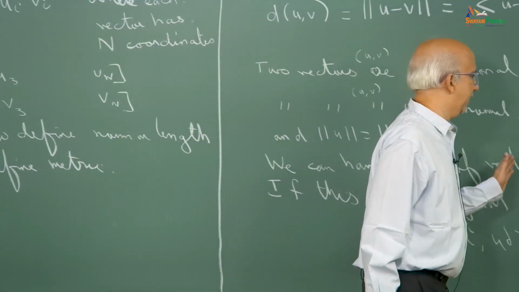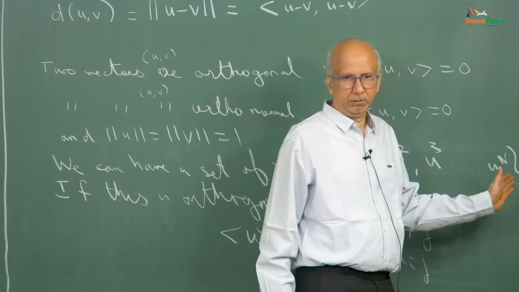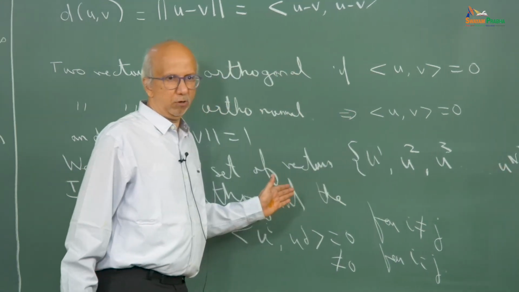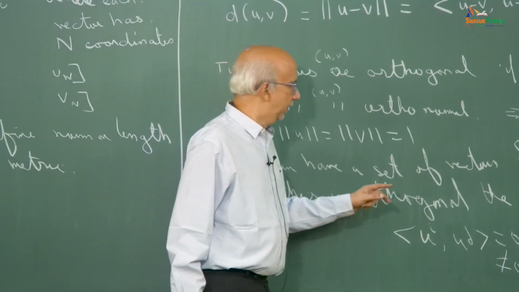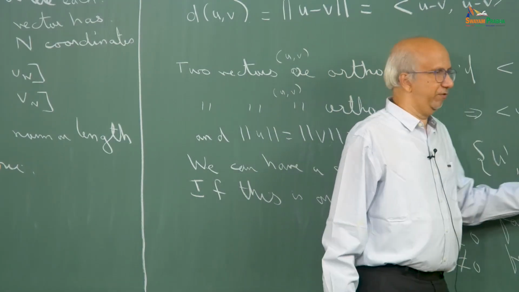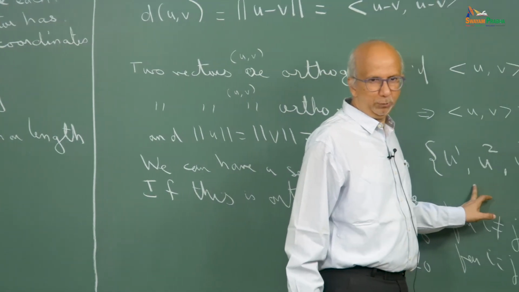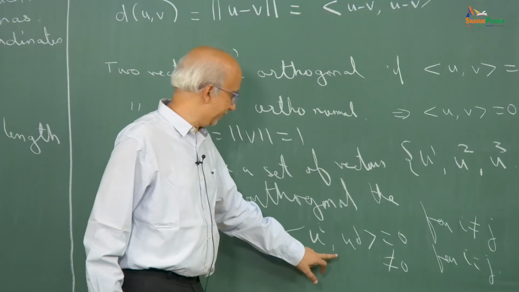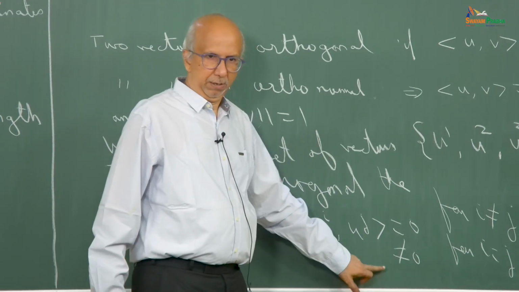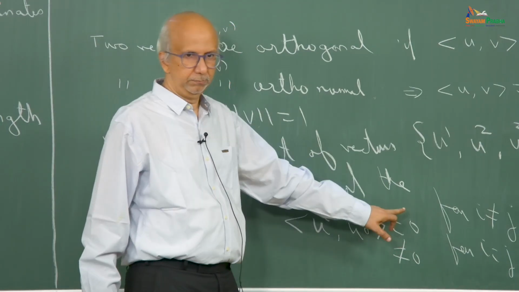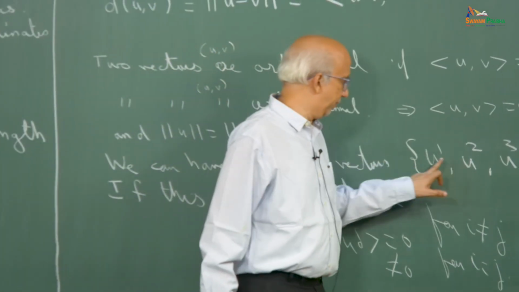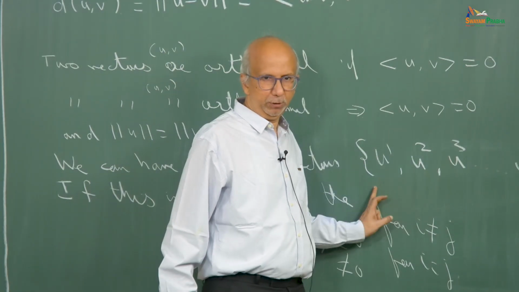So, I can have a set of vectors, and if I say this set is orthogonal, I mean u1 is perpendicular to everything else, it can't be perpendicular to itself. So, if i is equal to j, it is not 0, but if i is not equal to j, it is 0, okay. Similarly, u2 will be perpendicular to everything else, u3 will be perpendicular to everything else.